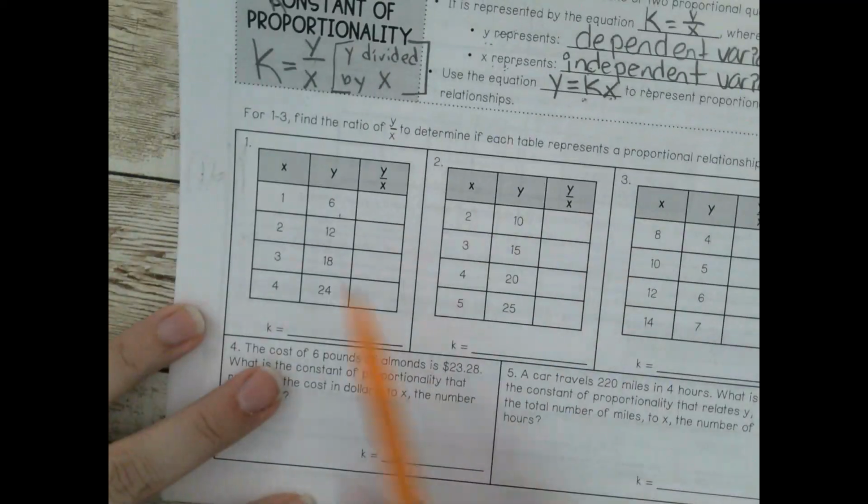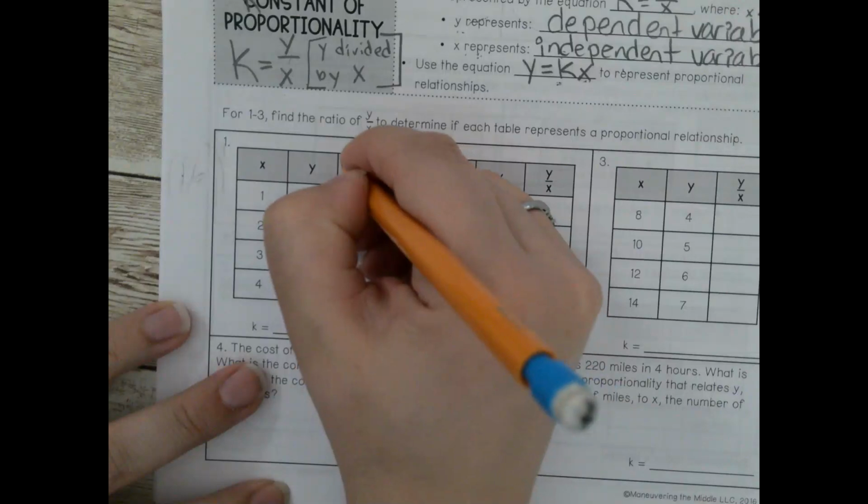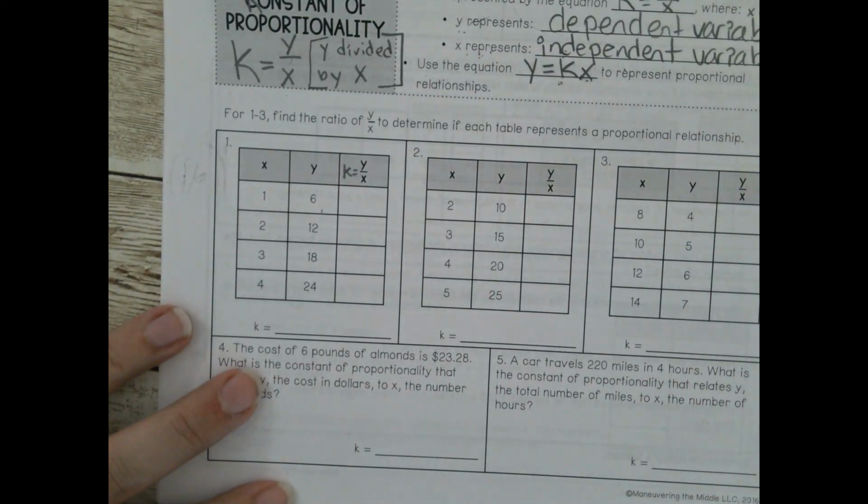So if they give you a table, you have to find the ratio, or K, the constant of proportionality, by doing y divided by x. So we need to see if they're the same. Okay, 6 divided by 1? 6.